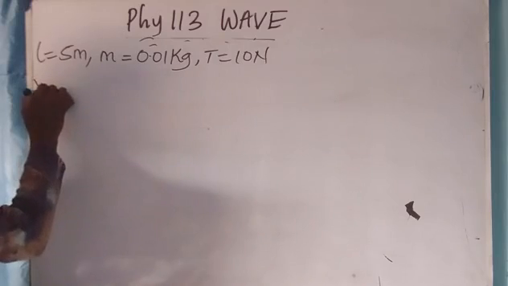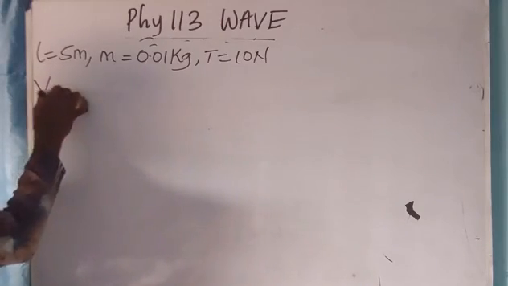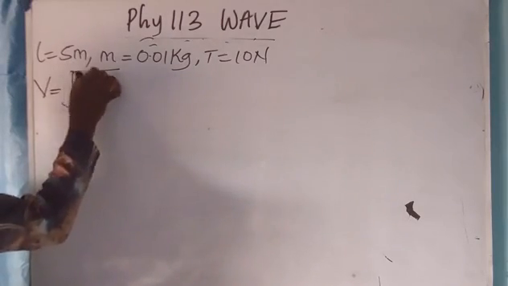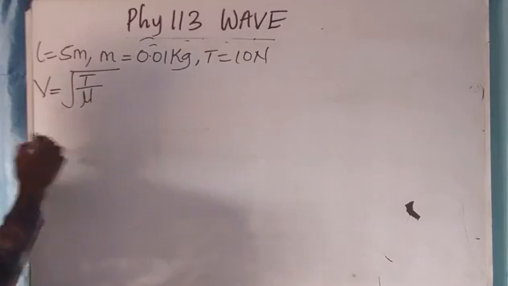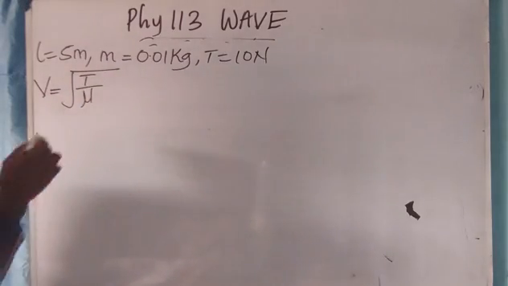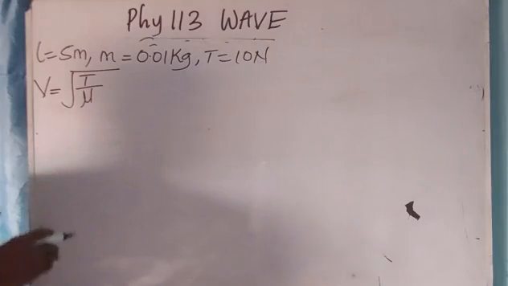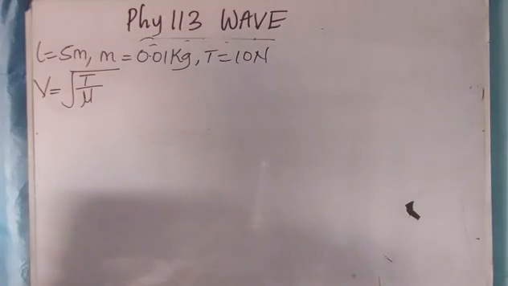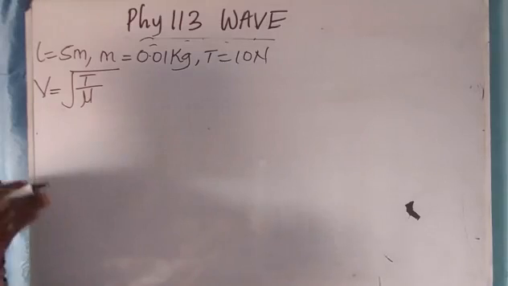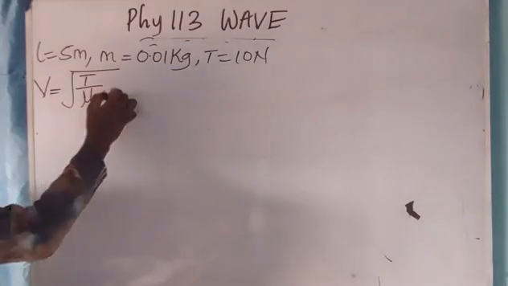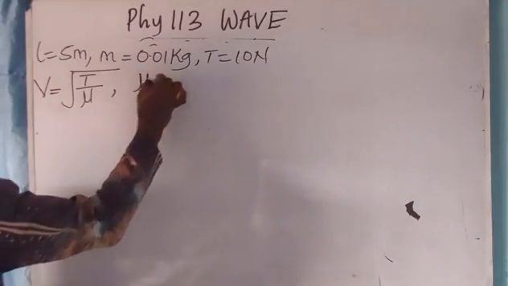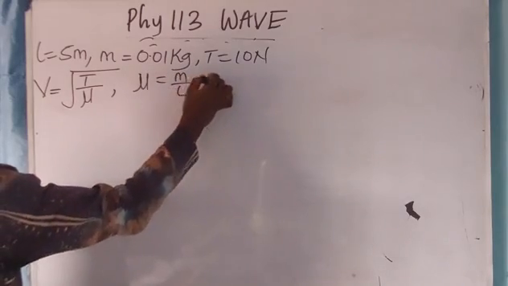It told us that the speed of transverse wave is V equals the square root of T over what? That is this sign, what? Linear density, mass of phases per unit length. However, it is giving us M over length.